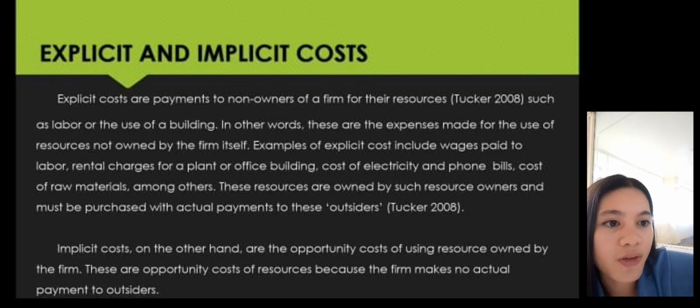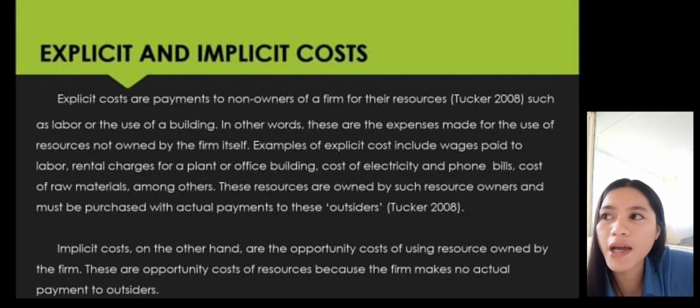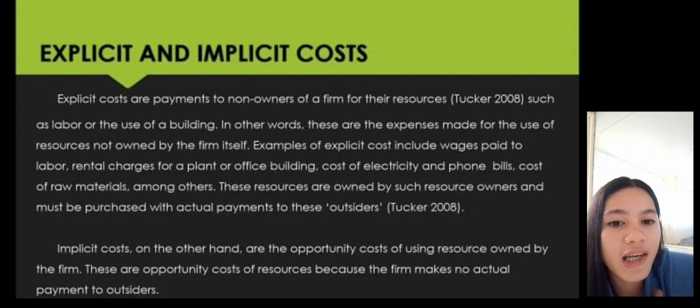So, ato na siya masabtan na ang explicit are the expenses made for the use of resources not owned by the firm. So, kibali ang mga resources na dili gitag-iya sang company. So, say for example, the use of building.